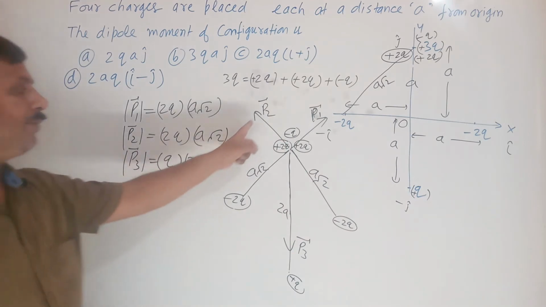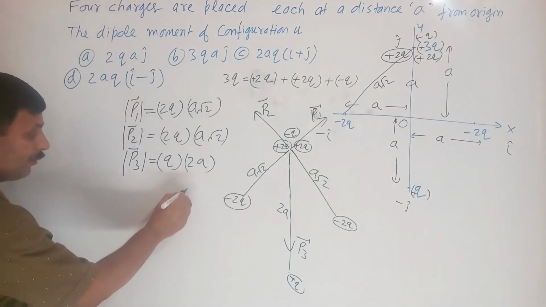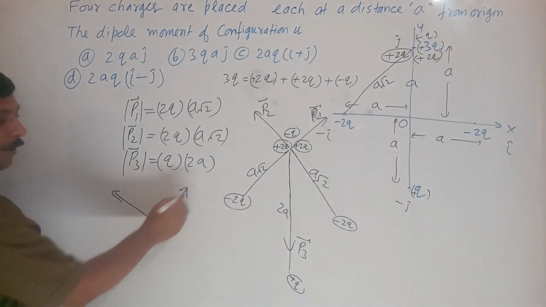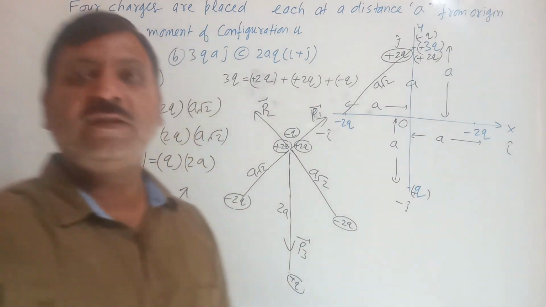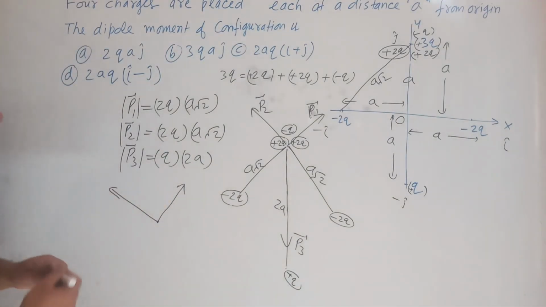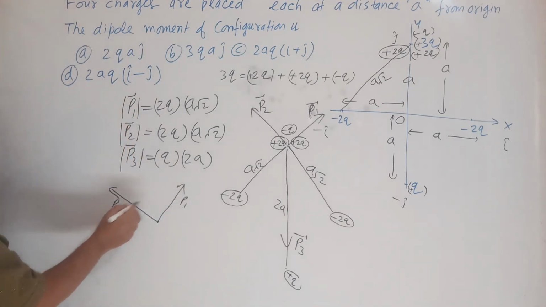Now these are the three vectors. This is the first vector, this is the second vector. See here, this is p1, this is p2.